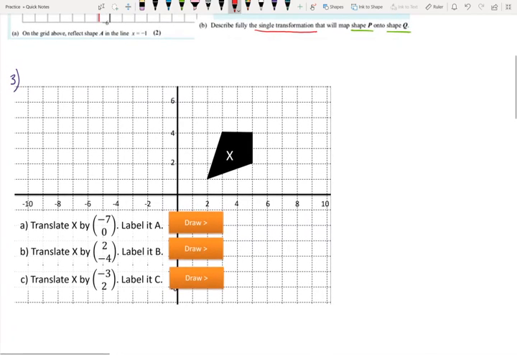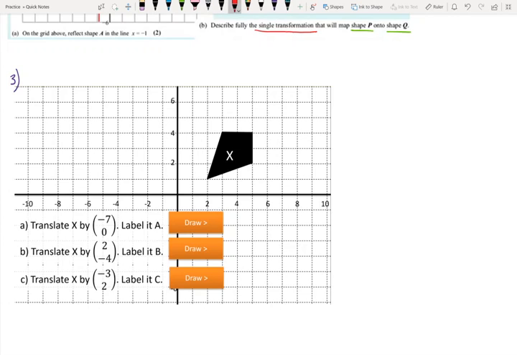Moving to number 3, translate X by the vector -7, 0. So -7 is for the x and 0 is for the y. So you only moved it along the x-axis without moving it either up or down.